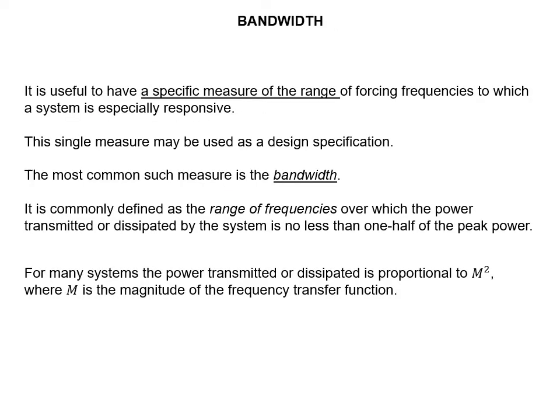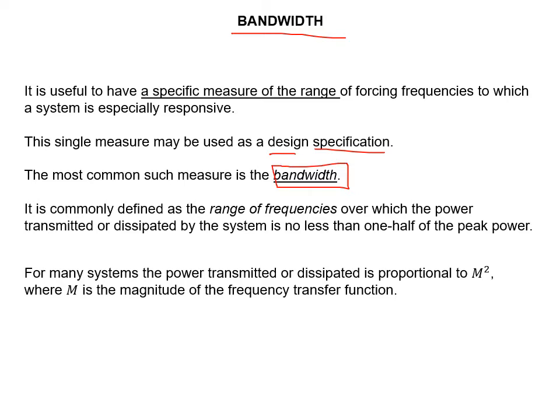The next term we're going to talk about in this section is bandwidth. For forcing frequencies, we really want a specific measure of the range to which a system is especially responsive. This single measure can be used as a design specification for these different systems. The most common such measure is known as our bandwidth.